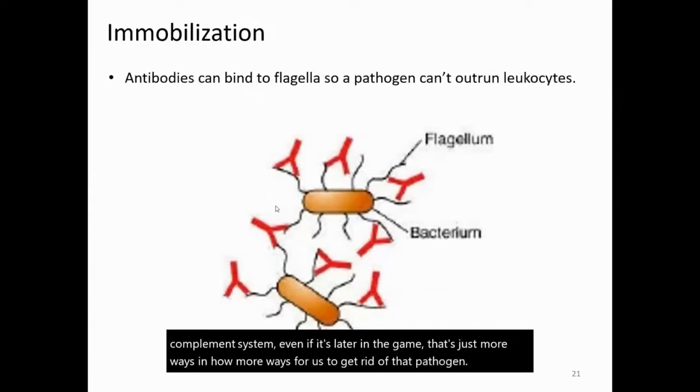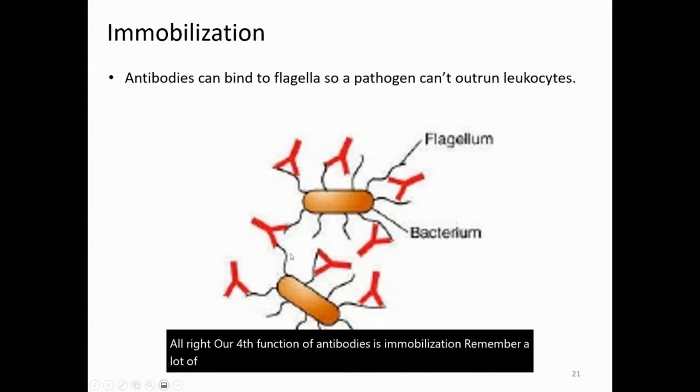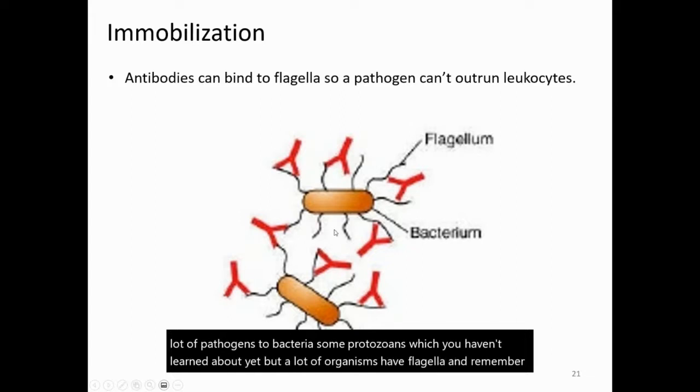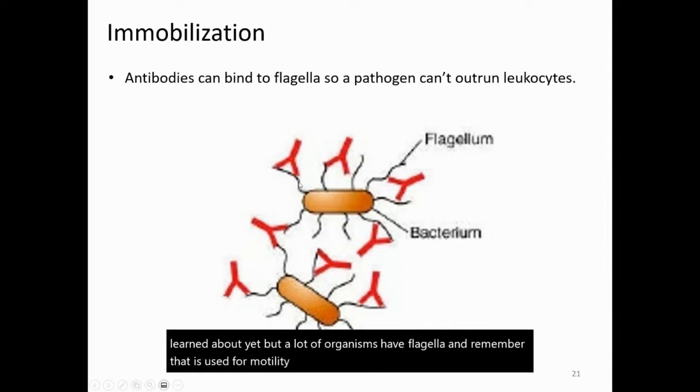All right, our fourth function of antibodies is immobilization. Remember, a lot of pathogens, so bacteria, some protozoans, which you haven't learned about yet, a lot of organisms have flagella. And remember, that is used for motility. And so, like the bacteria in this picture, by having all that flagella, they can outrun our immune cells.